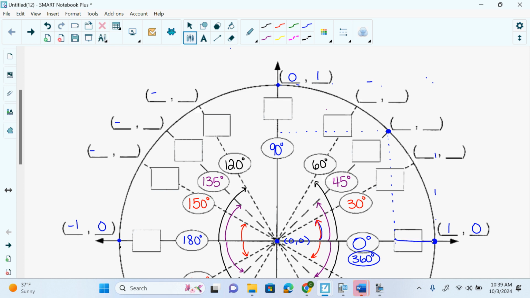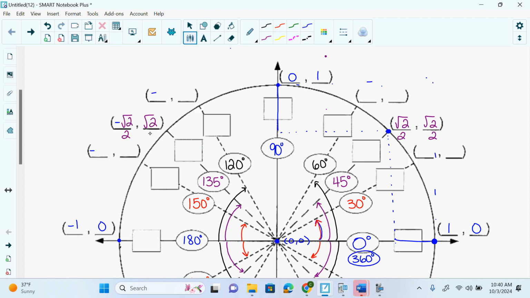From here to here, the same distance as from here to here. Our x and y's are the exact same distance. Yes? So every 45 is actually root 2 over 2. Because their x and y values are the same. They're 0.707. So I go to this 45-degree reference angle, and I go root 2 over 2.